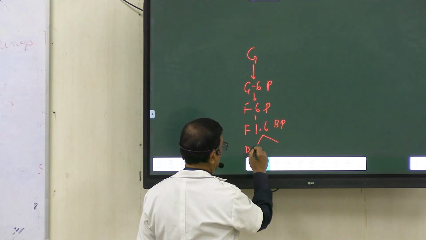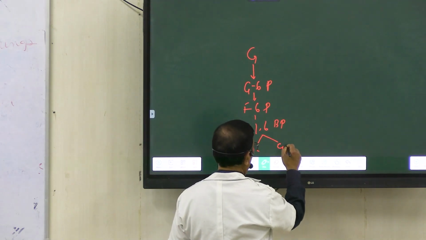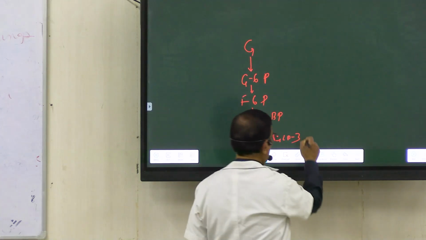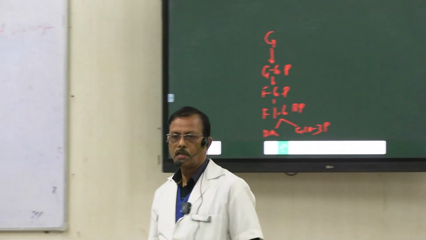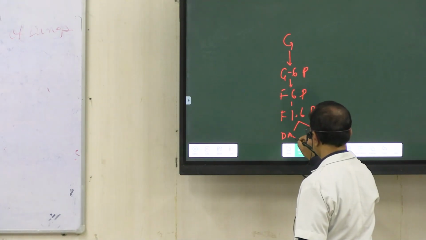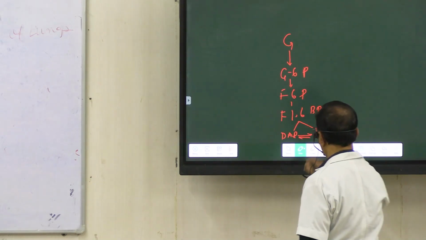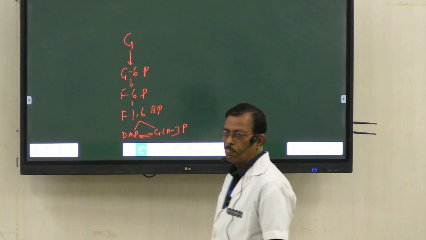dihydroxyacetone and glyceraldehyde 3-phosphate. Here comes glyceraldehyde 3-phosphate. Then dihydroxyacetone phosphate, interconvertible with the glyceraldehyde 3-phosphate.